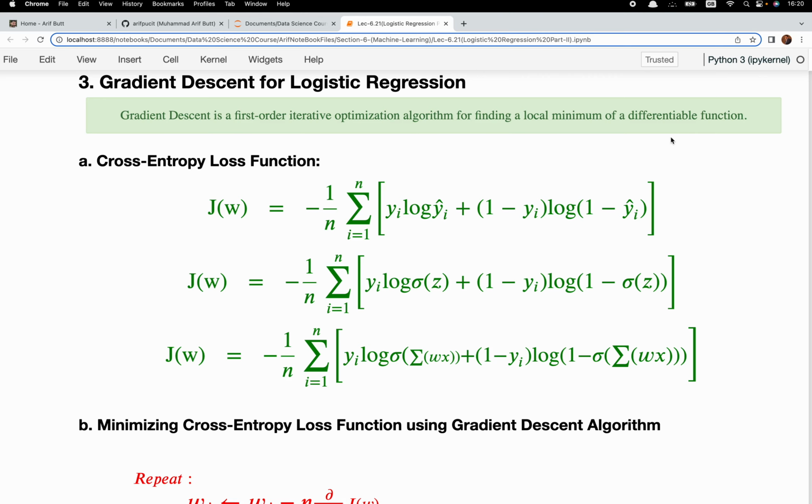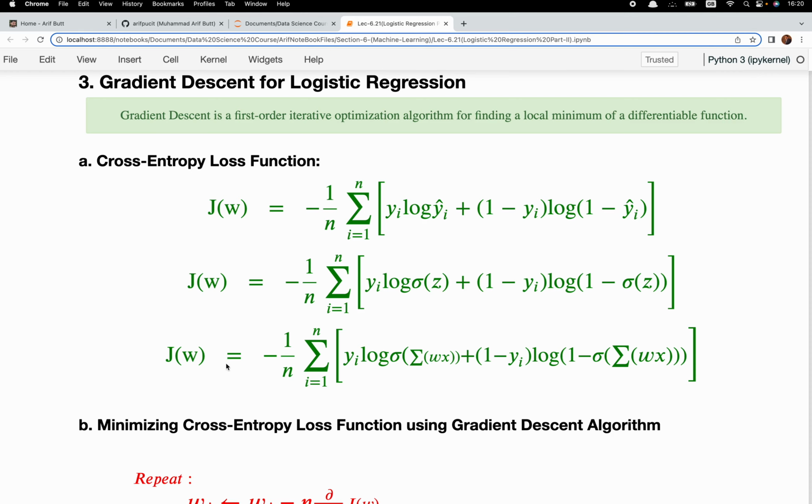For logistic regression, the cost function is the cross entropy loss shown in green over here. You can see the predicted value y hat is equal to the sigmoid of z, and this z is the sum of the dot product of the weight vector w and the input feature vector for a specific observation.